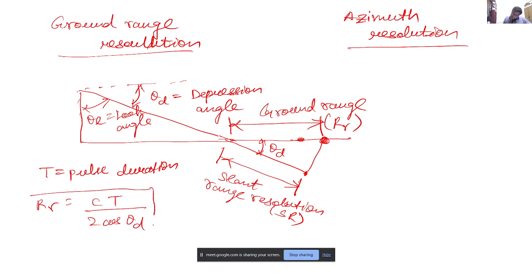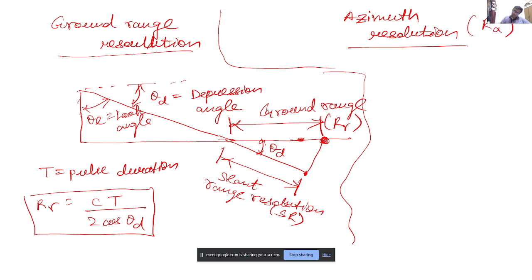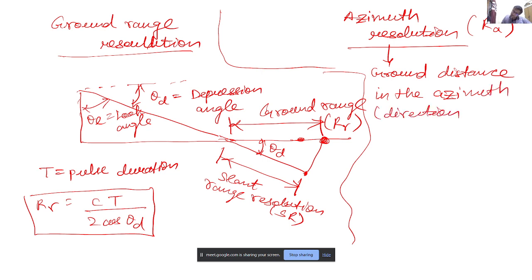We did it in the first question, by the way, of today. So it's nothing new to you, but azimuth resolution is something new. So let me discuss that now. Let me denote it as Ra. It is by definition the ground distance in the azimuth, and azimuth is basically the direction of the aircraft. Azimuth direction.